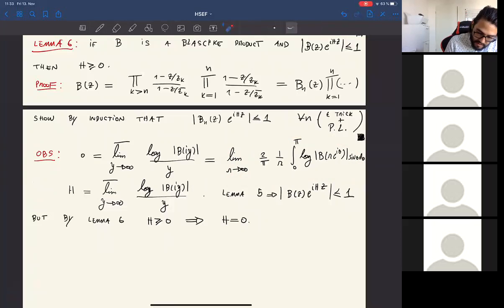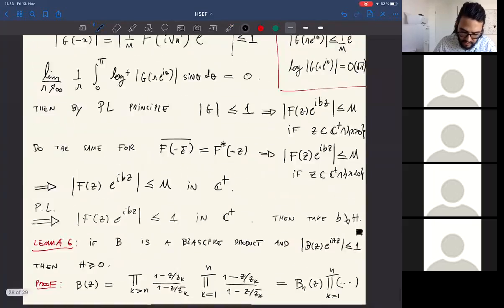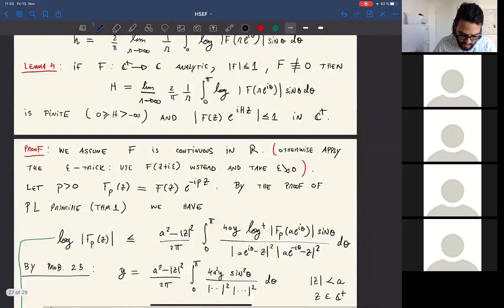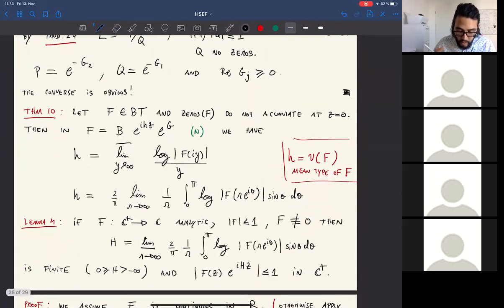So now we can prove theorem 10. Before I prove it, let's just recall what's the statement. That's theorem 10. So theorem 10 is just two formulas.